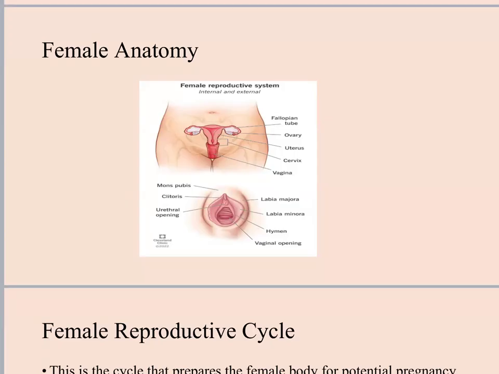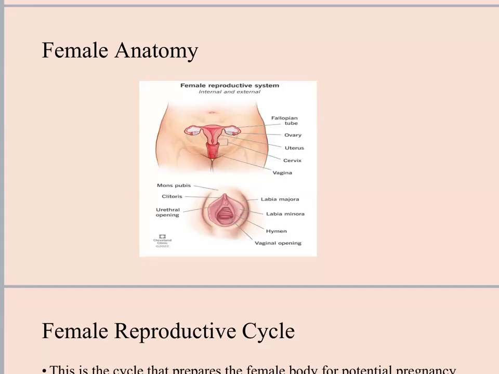And the cervix is really important because it produces mucus, and that mucus changes consistency throughout the menstrual cycle. And that mucus really facilitates fertilization because it can either help the sperm swim along to their goal, or it can keep the sperm out, just all based on its consistency.